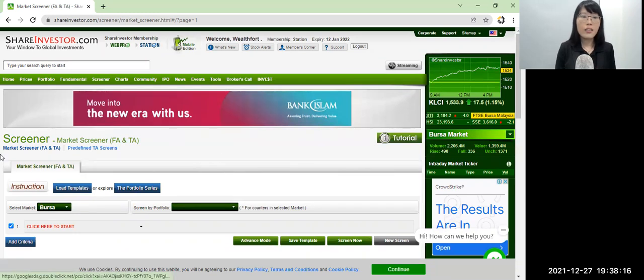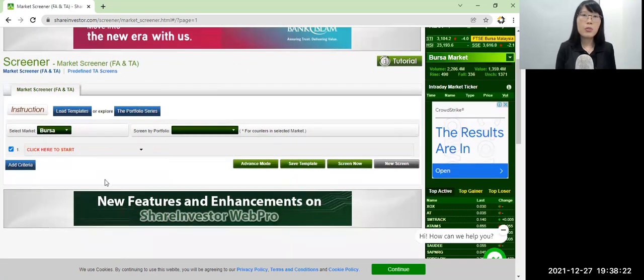So number 1, we will go to the market screener FANTA. Screeners you can find in other software, but in ShareInvestor WebPro, you also can find a screener as well.